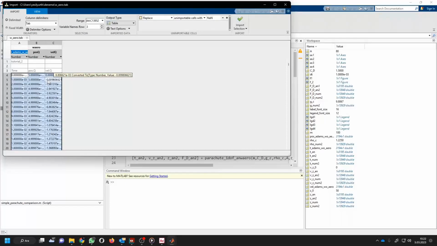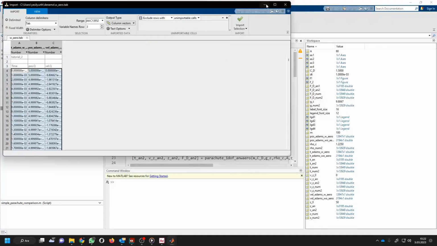Copy this one. Position_adams with aero. Velocity_adams with aero. Okay.